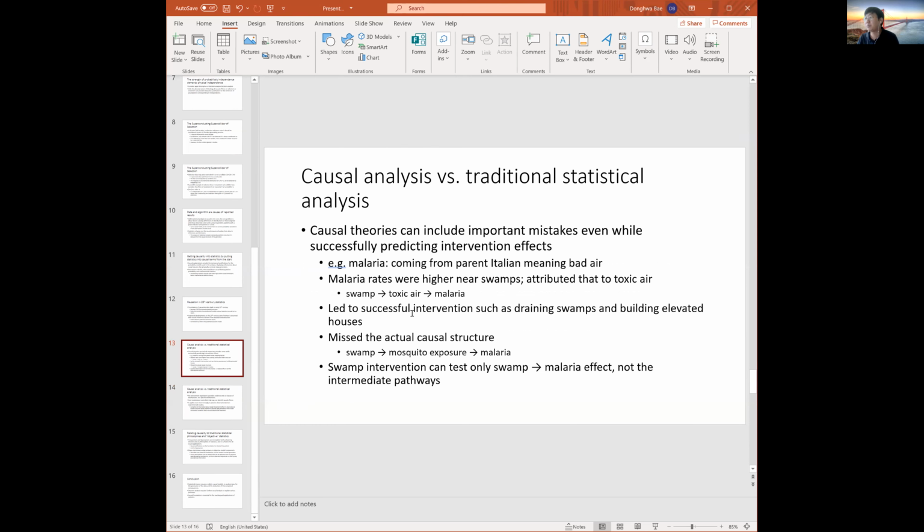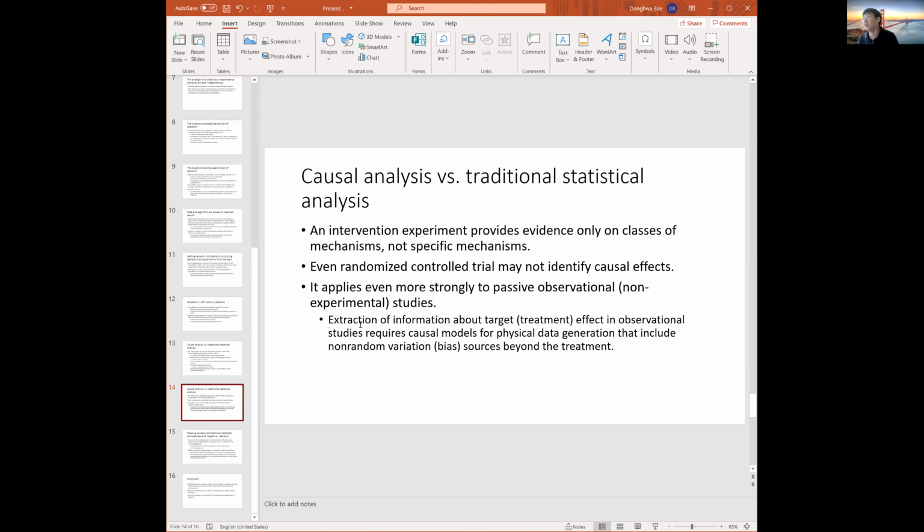But even for the experimental studies, we cannot fully capture the actual causal effect. However, for the observational study, there is one more step for the selection in the observation. So we have to think about that part as well for observational studies. That is what I understand for this part.